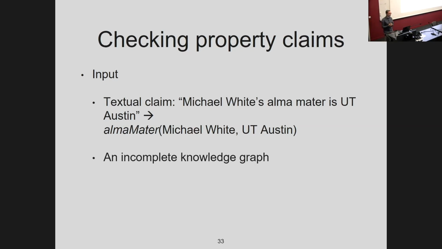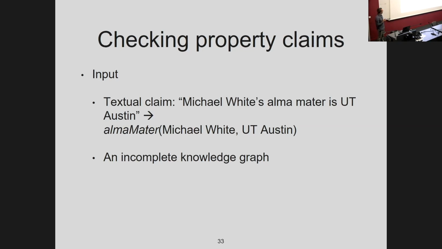And then we assume that we have an incomplete knowledge graph that we mostly trust. Okay, so YAGO is a popular generic knowledge graph. They did a verification, and they claim that it's 95% accurate. So let's believe Fabian and let's use YAGO, and let's say that it's good enough for this task.